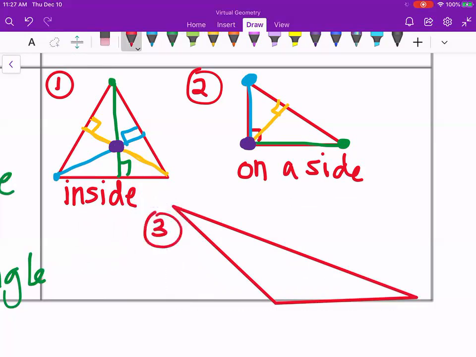Okay, so we have an obtuse triangle here. And again, if I start from each vertex and draw that 90 degrees to each side, this is where we had to draw the sides outside of the triangle.